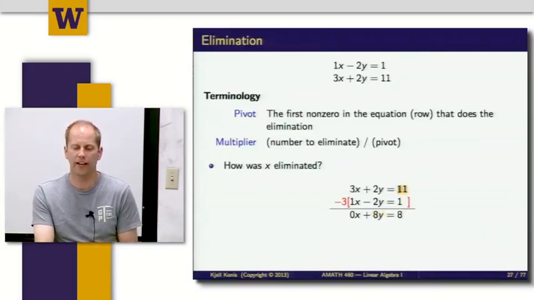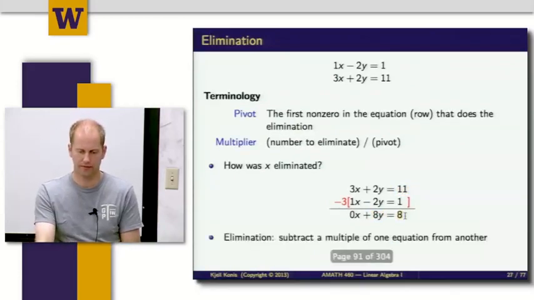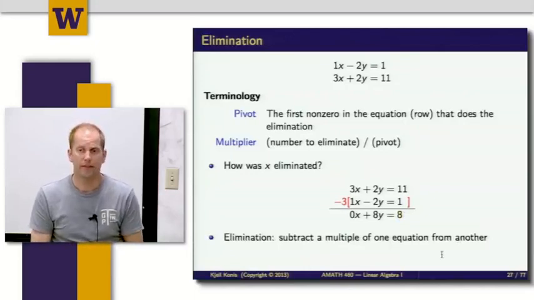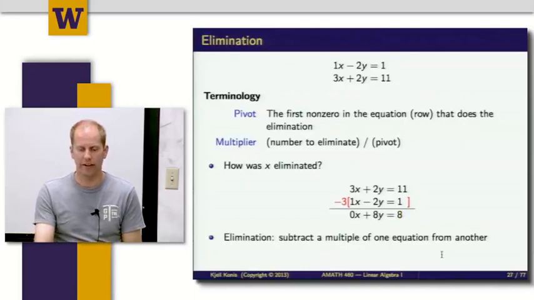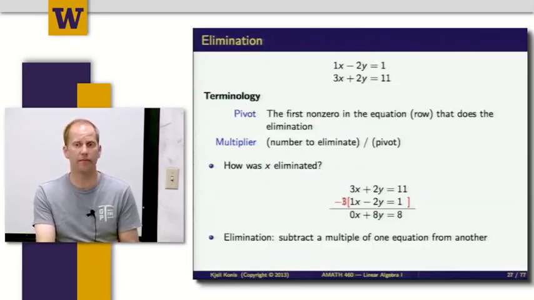So here I have 11 plus negative 3 times 1, and that gives me 8. So one elimination step, or sometimes this is also called an elementary step, is just going to be to subtract a multiple of one equation from another. In this case, I'm subtracting 3 times the first equation from the second equation.